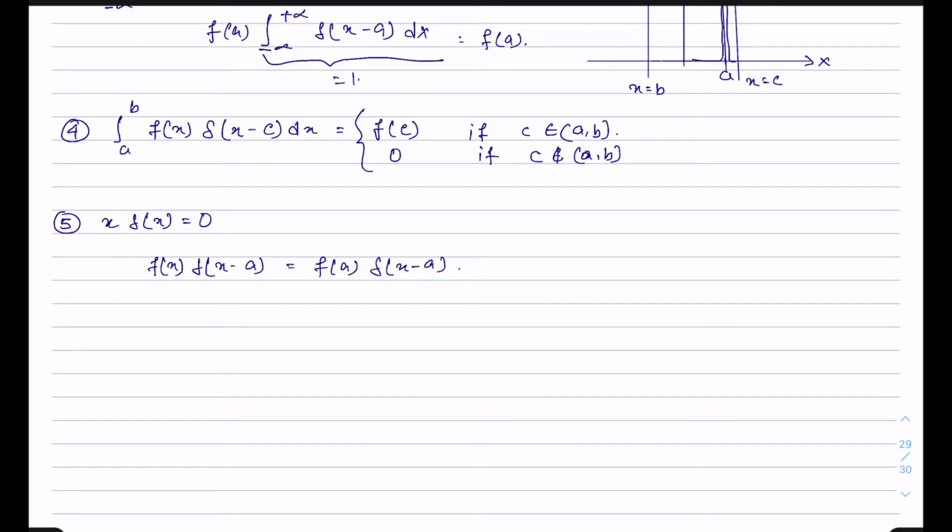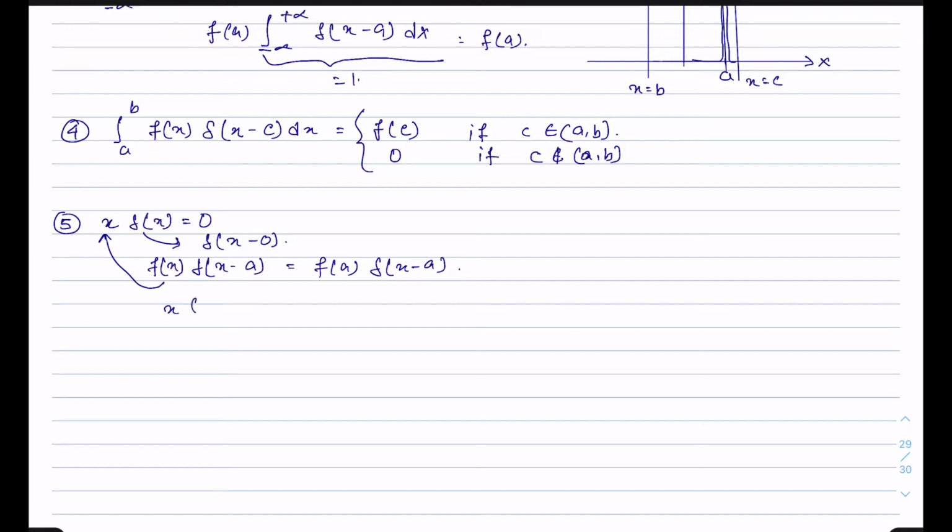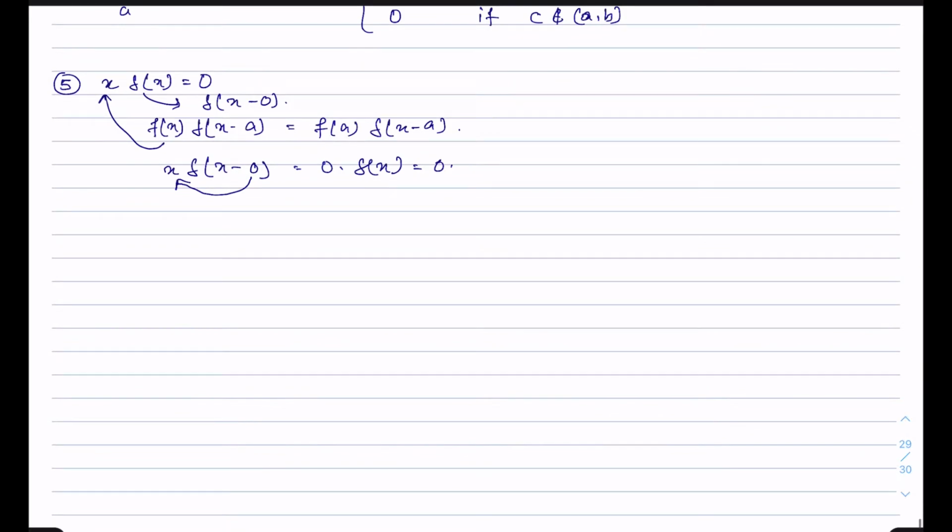But in our case, f(x) is x, and this delta function is defined at x equals 0. So x times delta(x minus 0) will be, you have to put this 0 in the argument of f(x), and it is x in this case, so it is 0 times delta(x), which is 0. This is how you can prove it, and there are lots of other ways to prove this also.